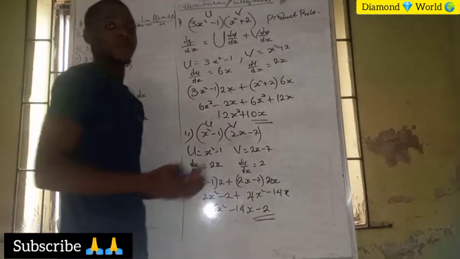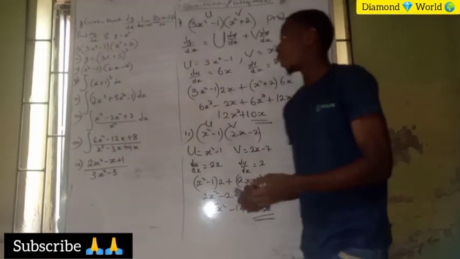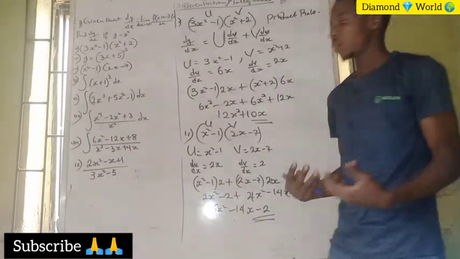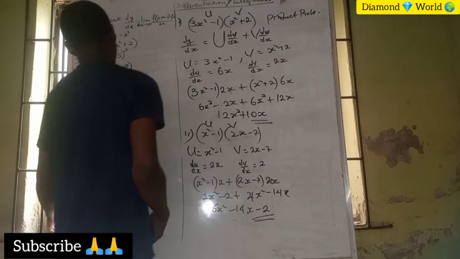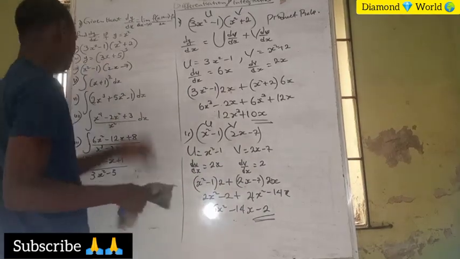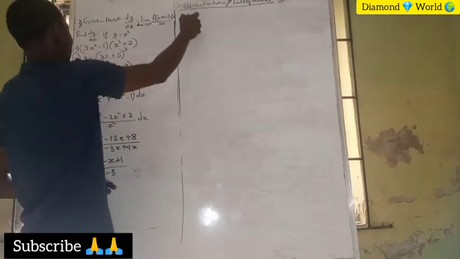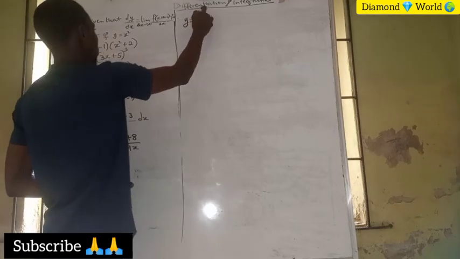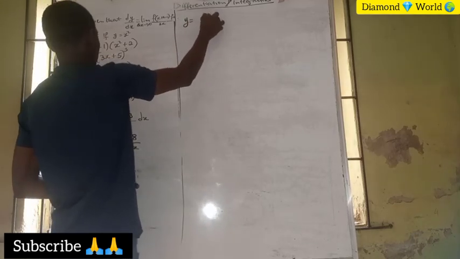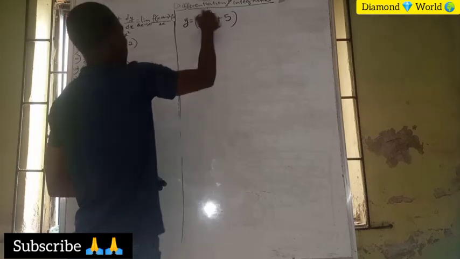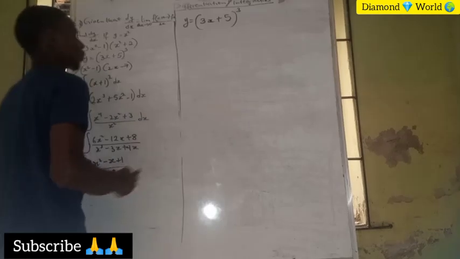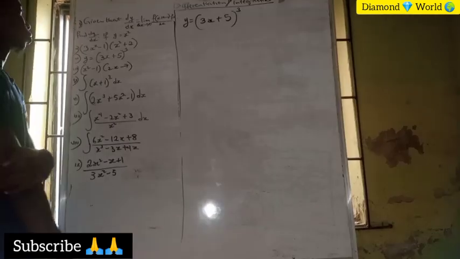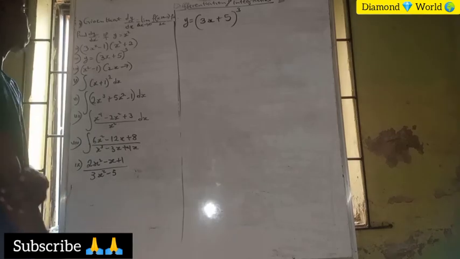Can you see? Even in the theoretical way, I was able to do it very fast. Now let's go to the next question. I think we have y equals 3x squared all raised to power 3.